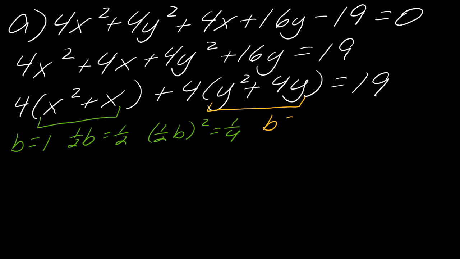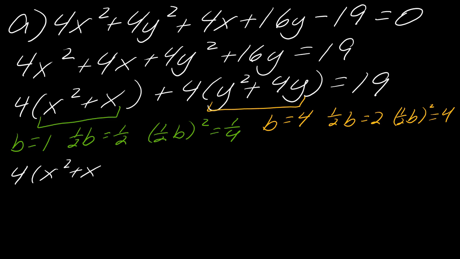Now for the y's, what's in my b position is the 4. Half of that 4 would be 2, and then squaring that result gives me 4. Now I want to be careful with this, and I want to help you understand why this works the way it does. So I want to rewrite these sets of parentheses with that half b squared.